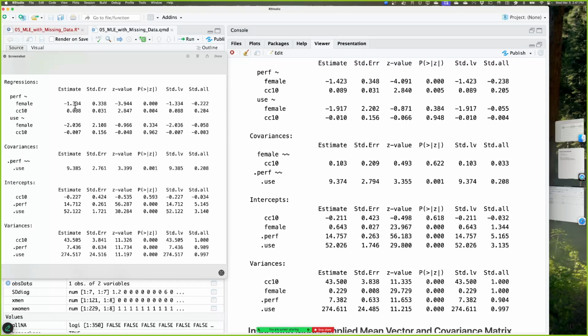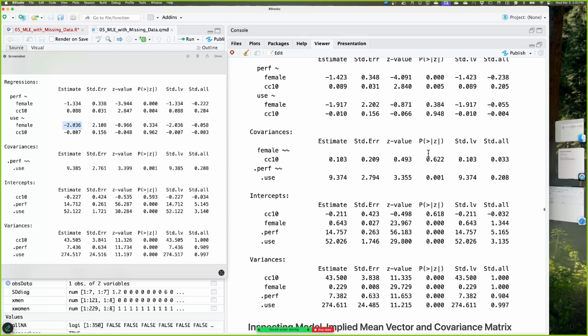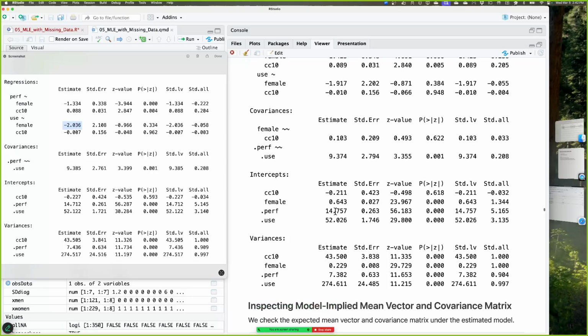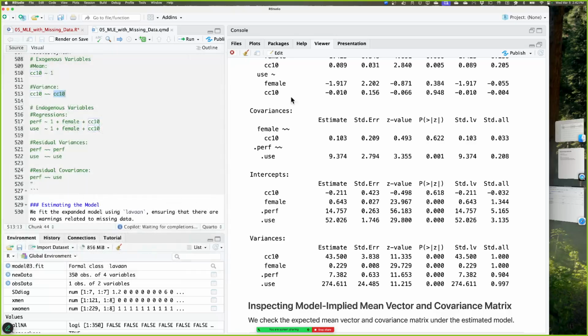And take a look at what happens. The slope for female on performance changes quite a bit, for instance. The slope for female on usefulness changes quite a bit. P-values don't change a whole lot. But now you'll see each of the other parameters is estimated as well.